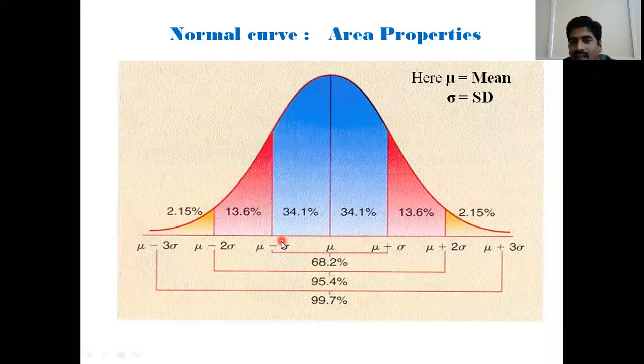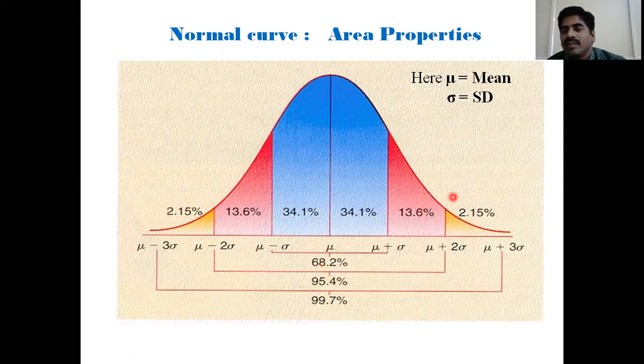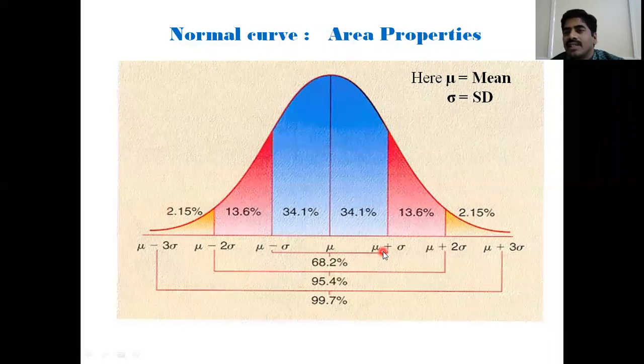This interval covers 68% of the data. So in the previous example, 1000 samples are there. Out of 1000, 682 weights come under mean plus or minus 1 standard deviation.